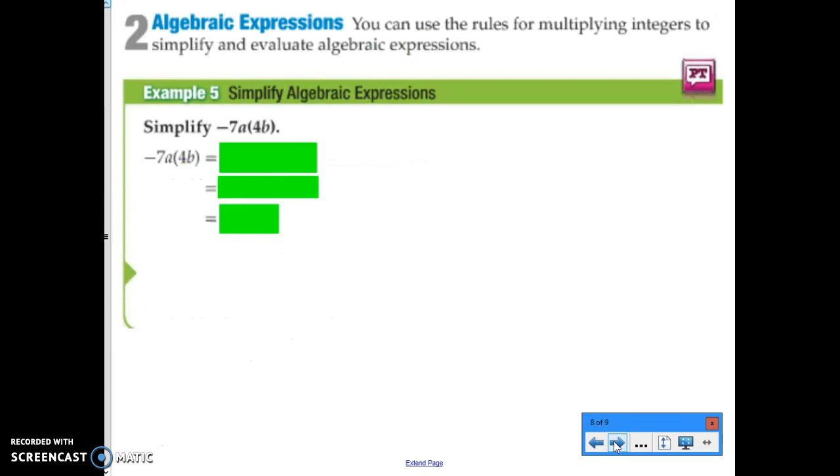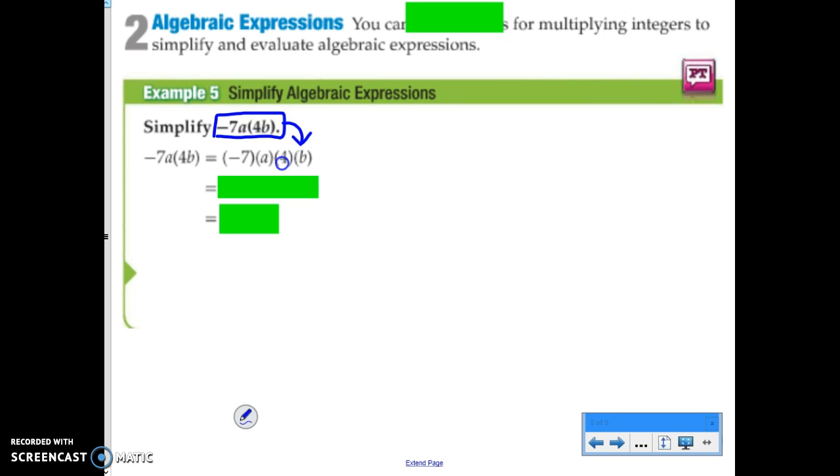All right, then the next thing we're going to talk about is using the rules for multiplying integers to simplify and evaluate algebraic expressions. So when you simplify algebraic expressions, it is the simplest form that that expression can be in. So any variables that can be combined or multiplied together need to be multiplied together. Any numbers or integers that need to be combined need to be multiplied together. So in this particular case, this is the same thing as saying this.